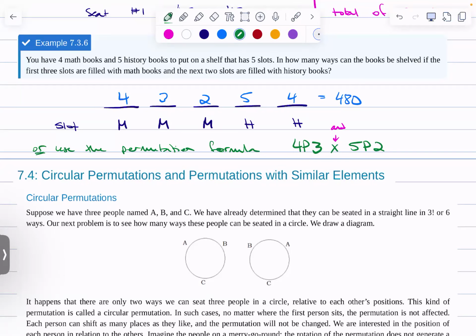If you were using this formula, you're welcome to use your calculator instead of the actual formula, right? And you'll find that it's the same answer, right? 4P3 is 24, and I'm trying to keep it on the same page, but maybe it's futile. 5P2 is 20, which is 480, right?